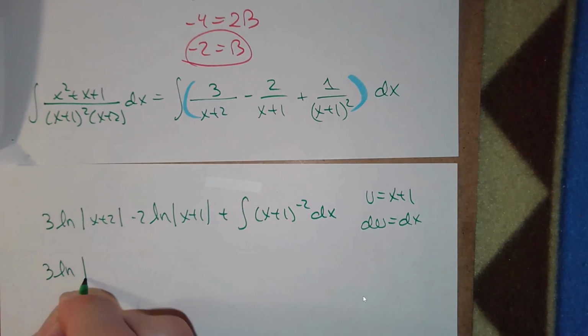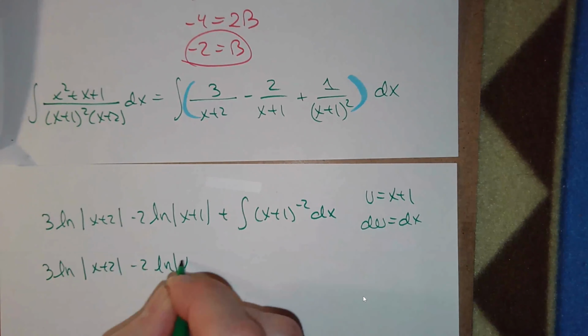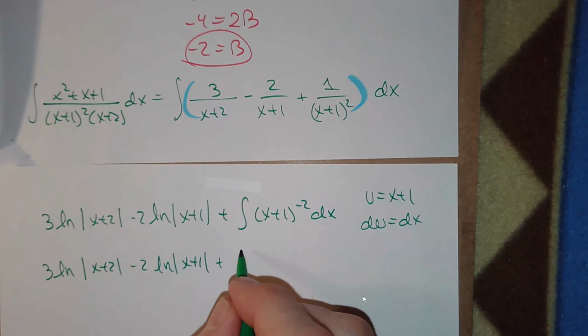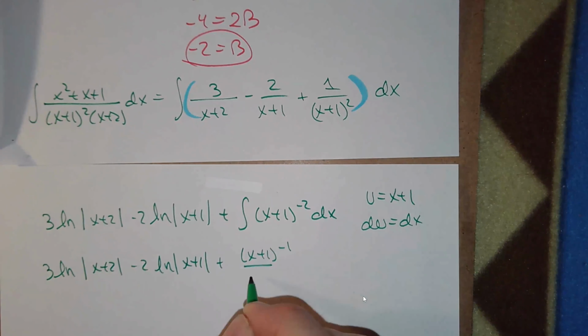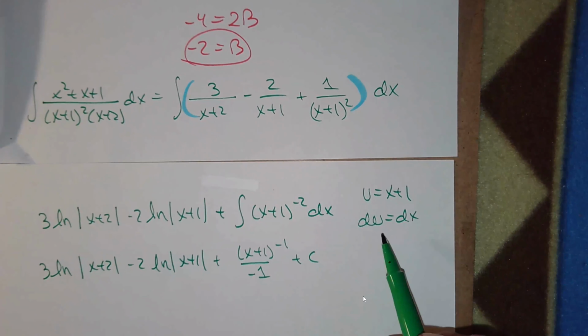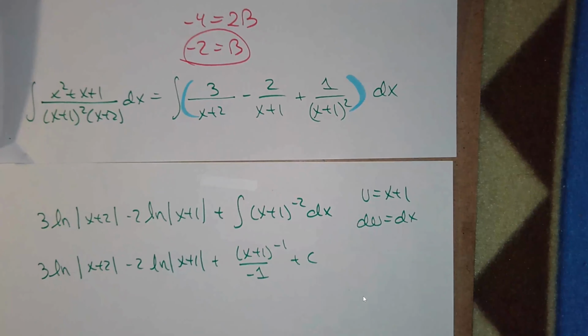Remember what we do with stuff like this. What does our power rule say? Our power rule says add 1 to the exponent, divide by that same exponent. So it's going to be (x plus 1) to the negative first, divided by negative 1 plus a constant. We can get away with that if du equals dx. All right, not just everywhere.